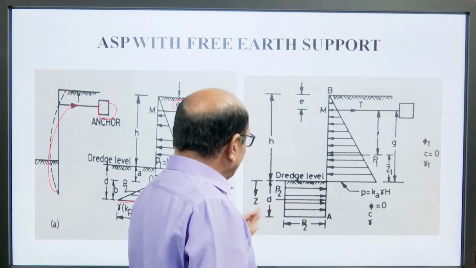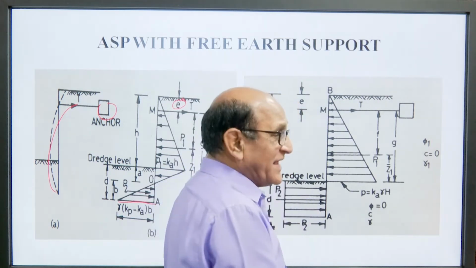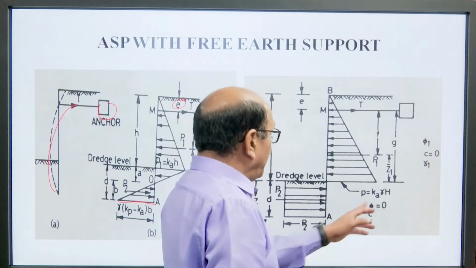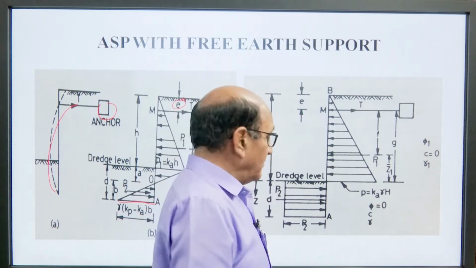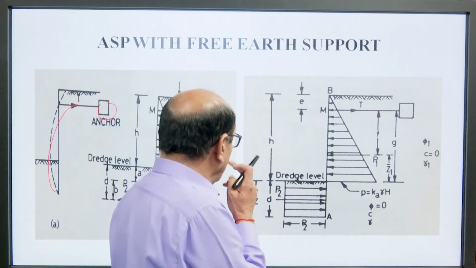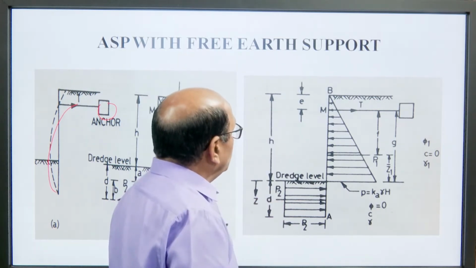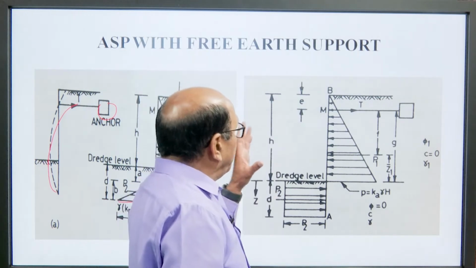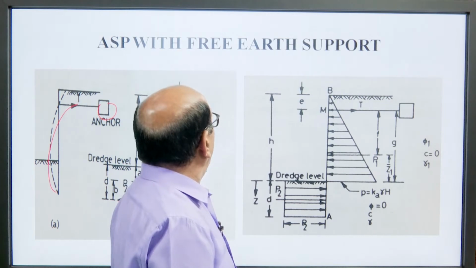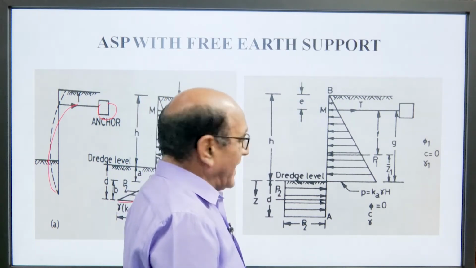Passive forces act below the dredge line, and the value of the pressure P here is Ka gamma H, where phi is equal to 0. This is P2, and the depth is d. So, this is the pressure diagram of the free earth support anchored sheet pile.